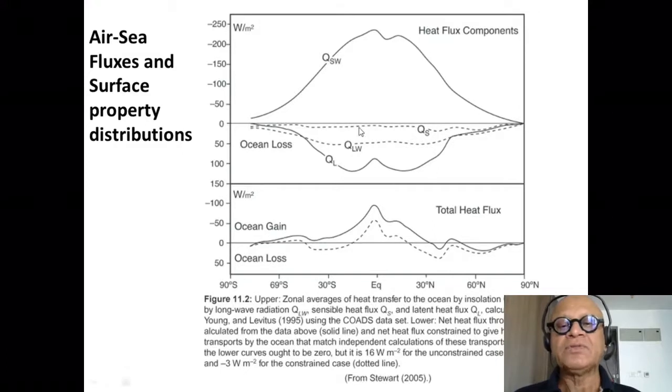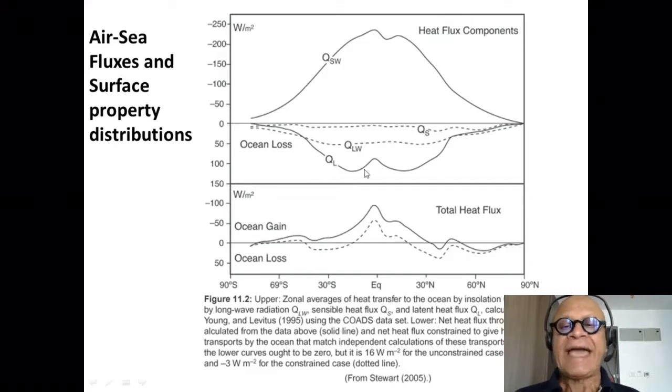But each component is unfortunately estimated differently. Shortwave is either from radiometers on the surface or satellite data. Sensible heat fluxes are measured with winds and air temperatures, sea surface temperatures. Long wave and latent heat are even more difficult. You need the difference of saturation humidity at sea surface temperature and low-level air humidity, and so on and so forth.